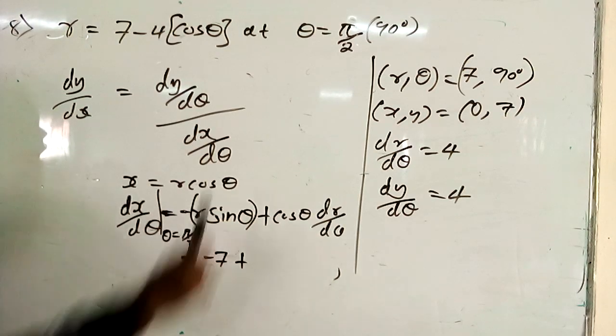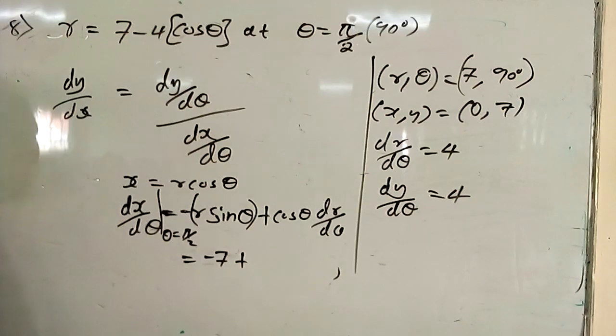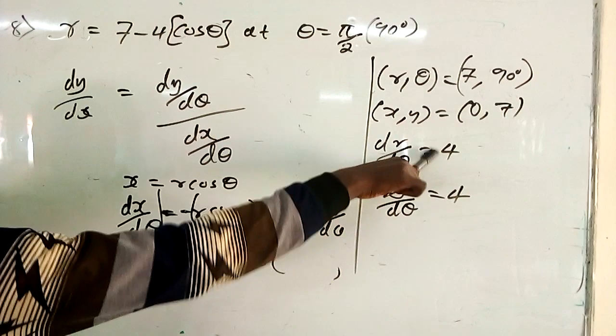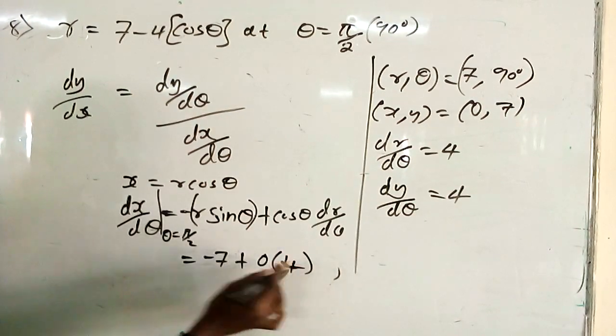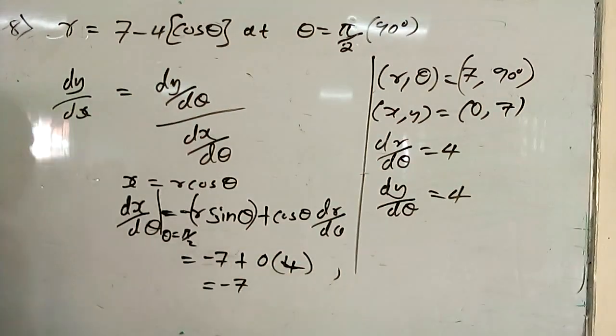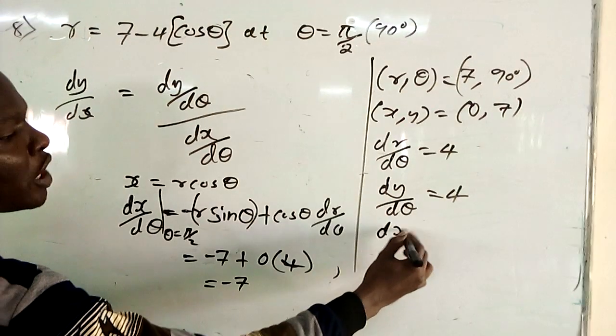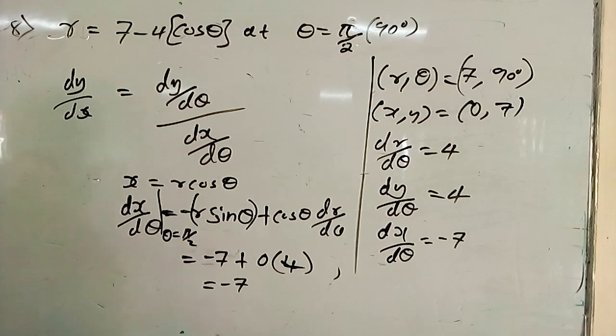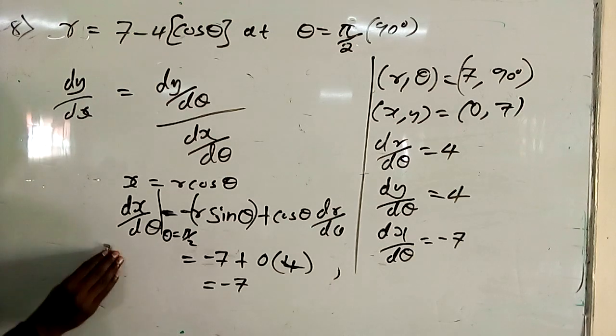Cos pi over 2, or cos 90 degrees, is 0. So this will be 0 times dr over dtheta, which is 4. 0 times anything is 0. So here you just remain with negative 7. So you found dx over dtheta to be equivalent to negative 7.